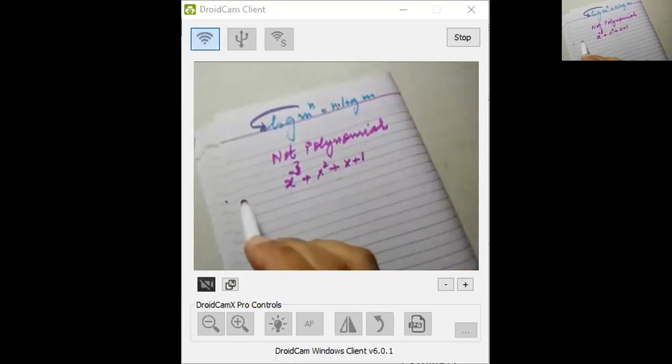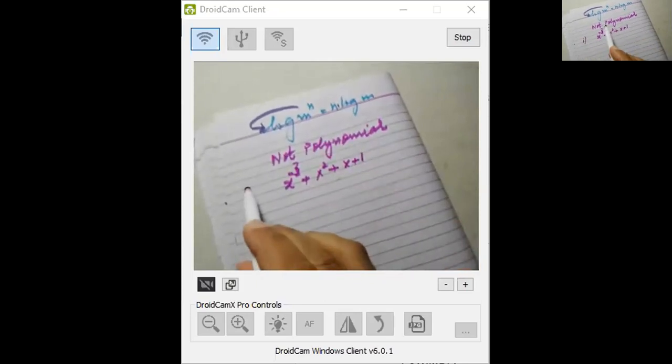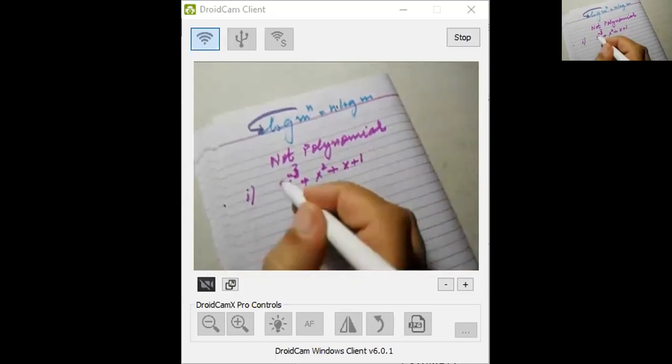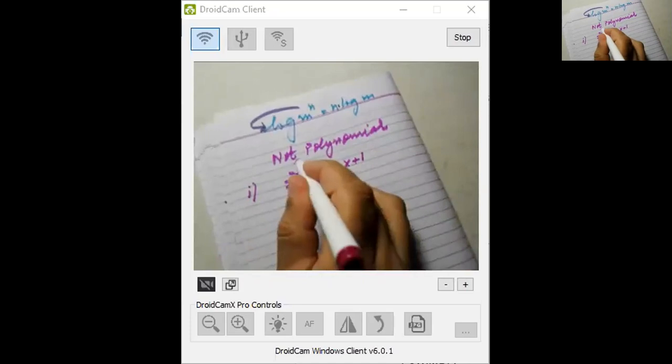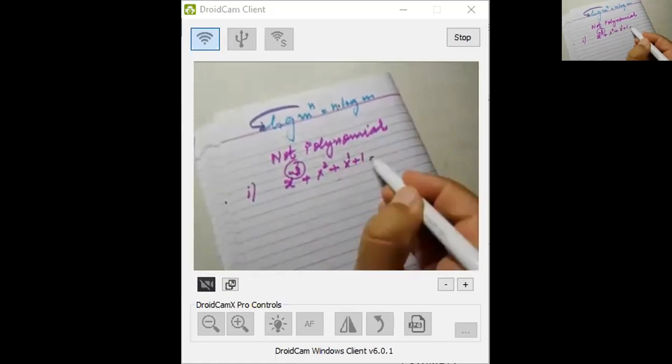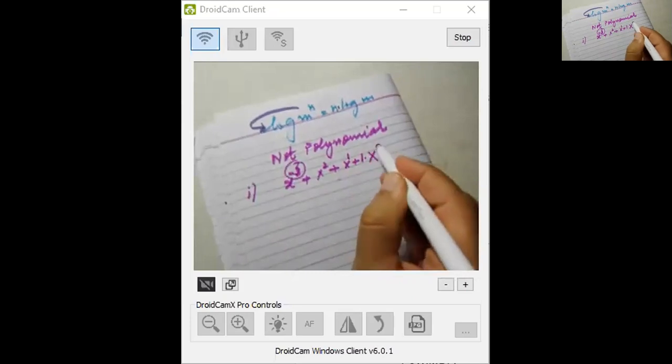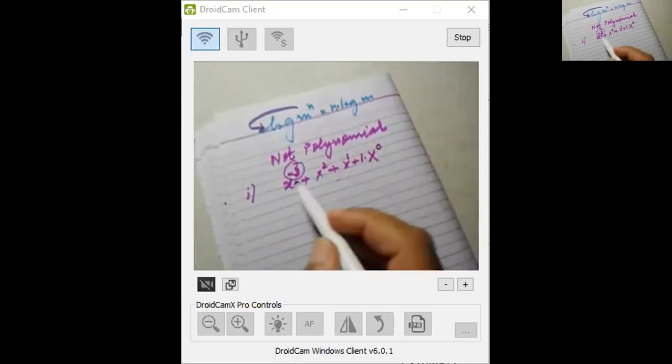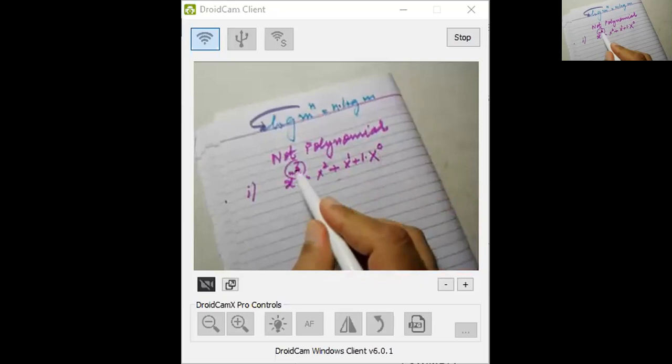It is a first example. In this you will notice that because of this x to the power minus 3, this will not be a polynomial. Though the other terms have positive integers as exponents, like x to the power 1 and x to the power 0, just because of x to the power minus 3, this will not be a polynomial.